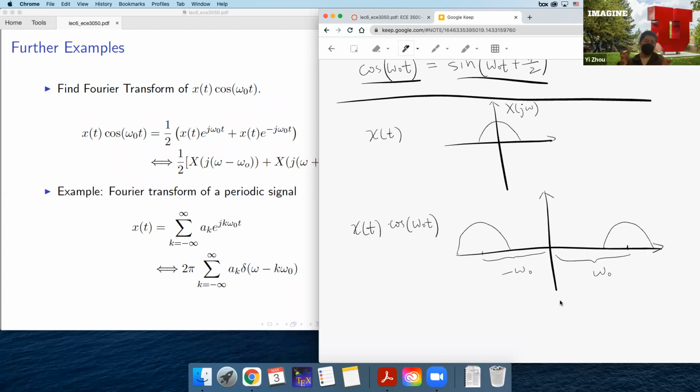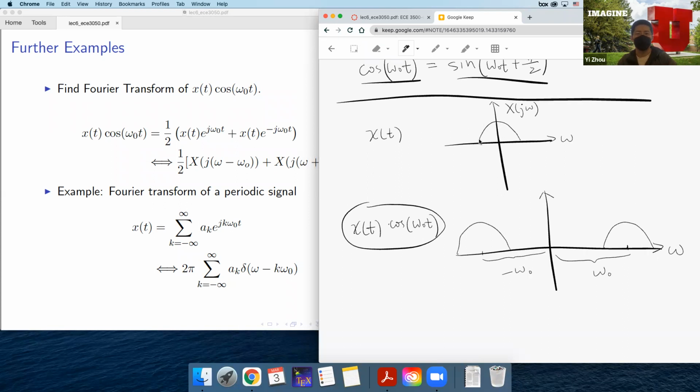Therefore, you can see that after modulation, after multiplying by the cosine omega naught t signal, the spectrum of the resulting signal now stays in a much higher frequency band, right? This is the frequency axis.